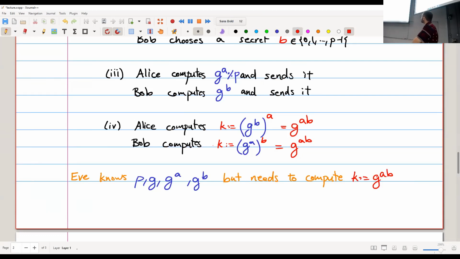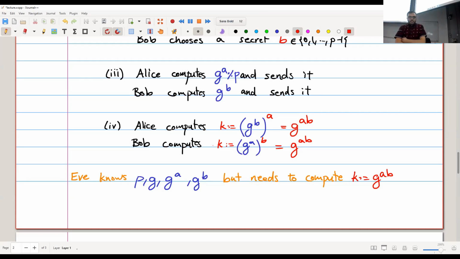Now you see the problem, right? If I don't have either A or B, and I just have G to the power of A and G to the power of B, how can I compute G to the power of AB? It's actually quite hard.